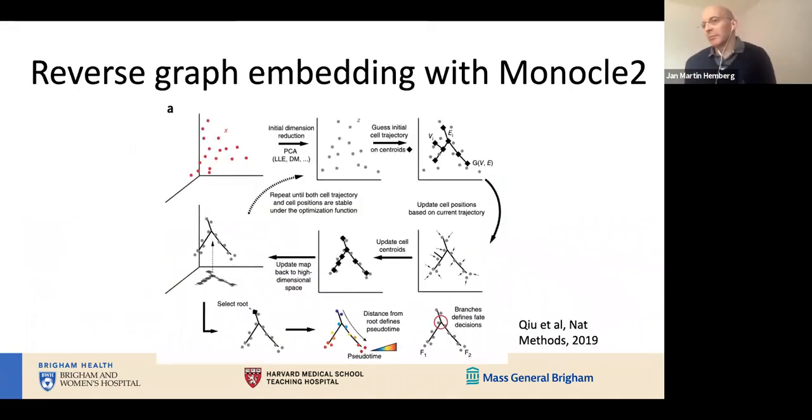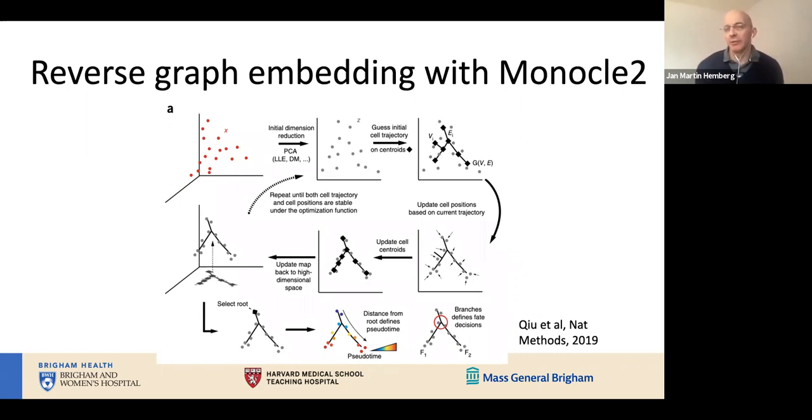There are multiple methods for doing this. A few years ago, at least, there was a review, and I think it turned out that this is pretty much the most popular area within computational single-cell RNA-seq in terms of the number of algorithms that have been published. The first method to do this is called Monocle, from Cole Trapnell's lab.